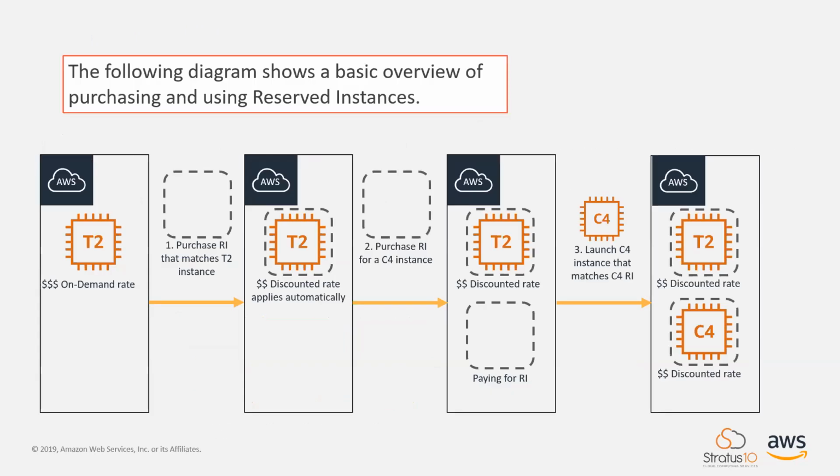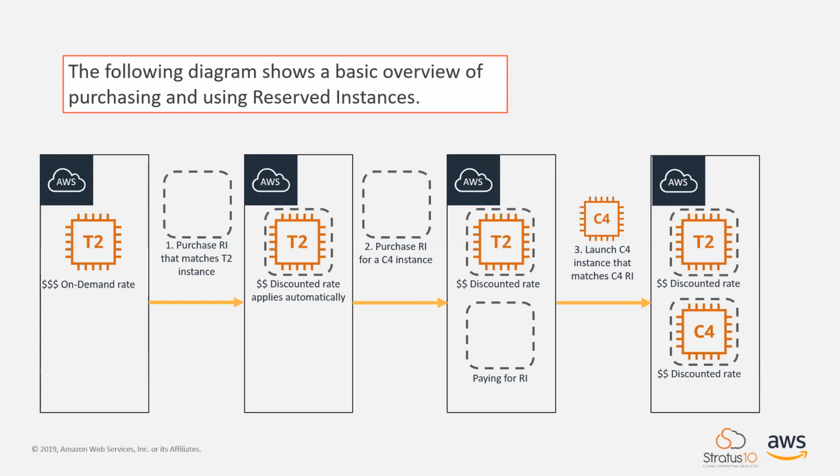Okay. So the main point to remember is that RI benefits apply automatically to matching usage within an account. Okay, if you look at the diagram here, you've got a T2 on-demand rate. You purchase an RI that matches the T2 instance.